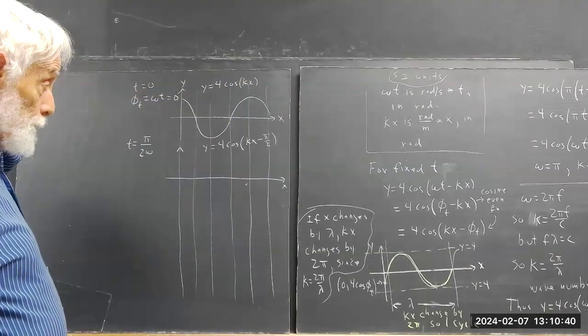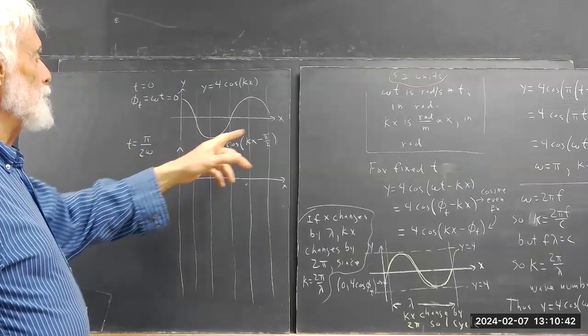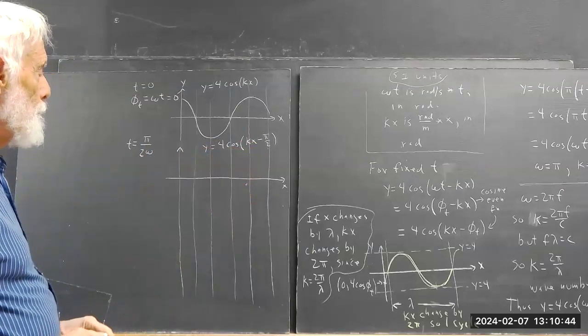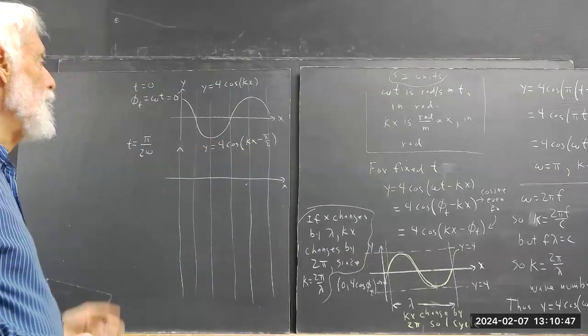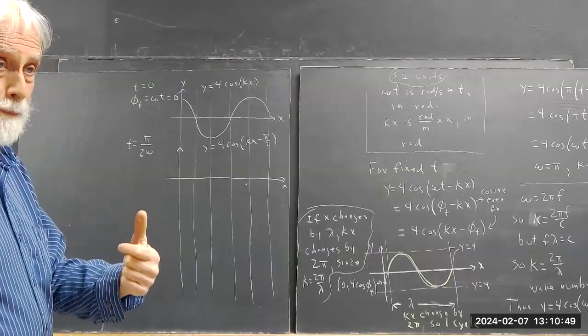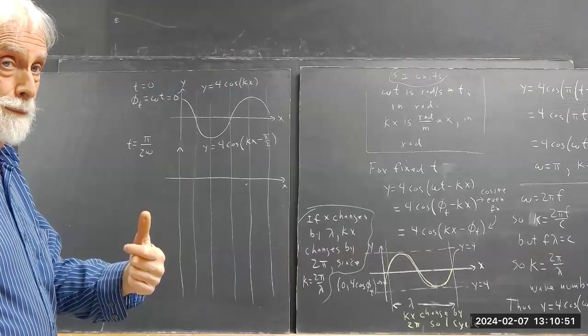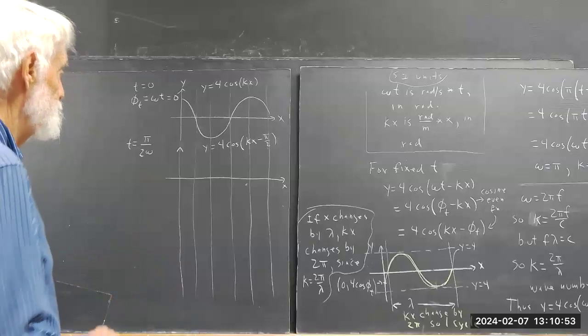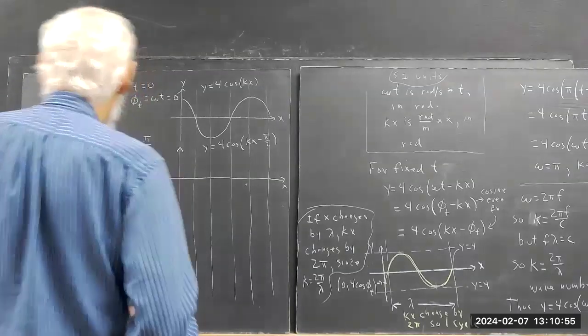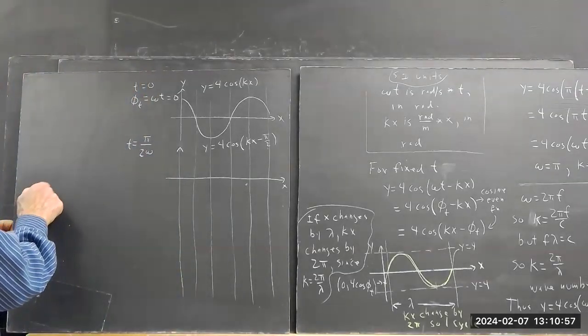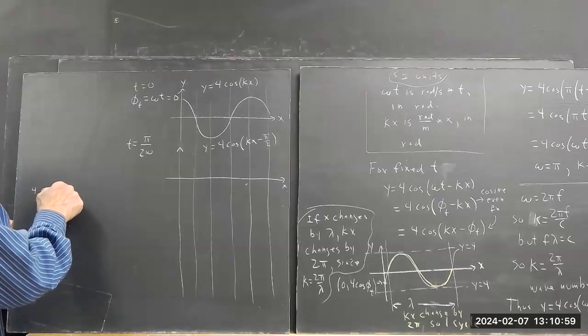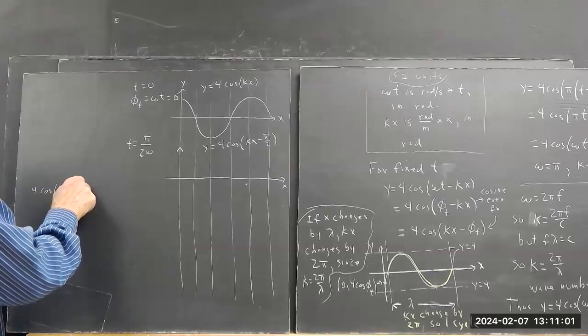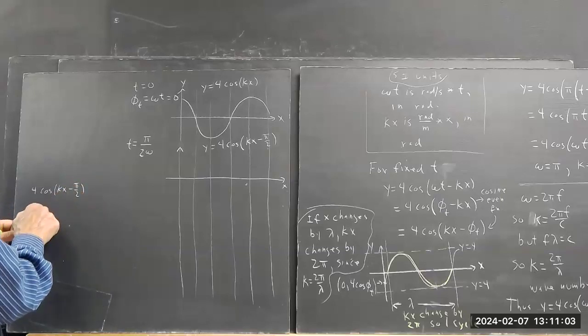In other words, if the argument changes by pi over 2, that shifts the graph. Let me write it out here. Talked about it last time, but in a slightly different context.